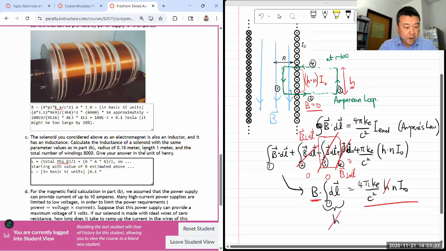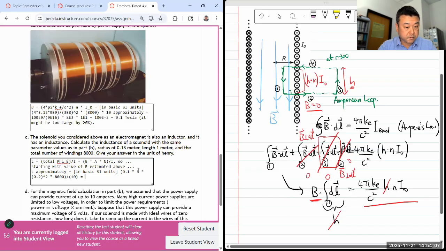So approximately 3.14 times 0.18 squared, or 0.2 squared. This is approximately equal to pi r squared times n, that was 8,000, divided by current 10.